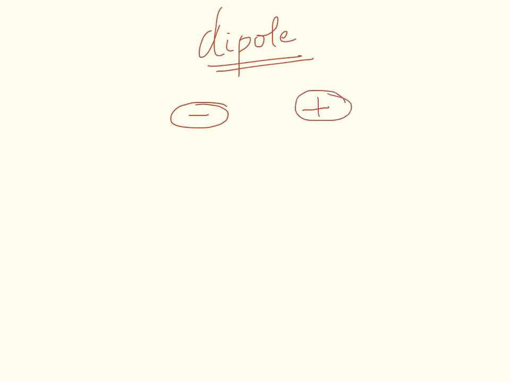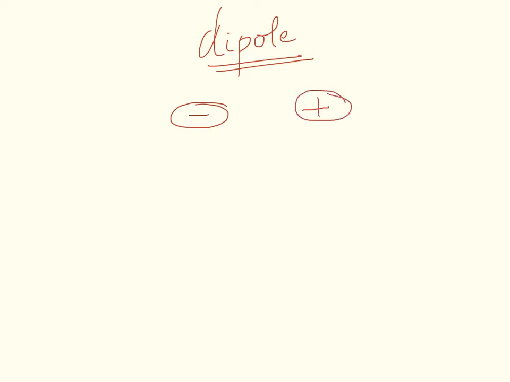When you refer to a system as dipole, what does that mean? It means that there is a charge separation on that molecule. So there is a positive charge and a negative charge on that molecule.